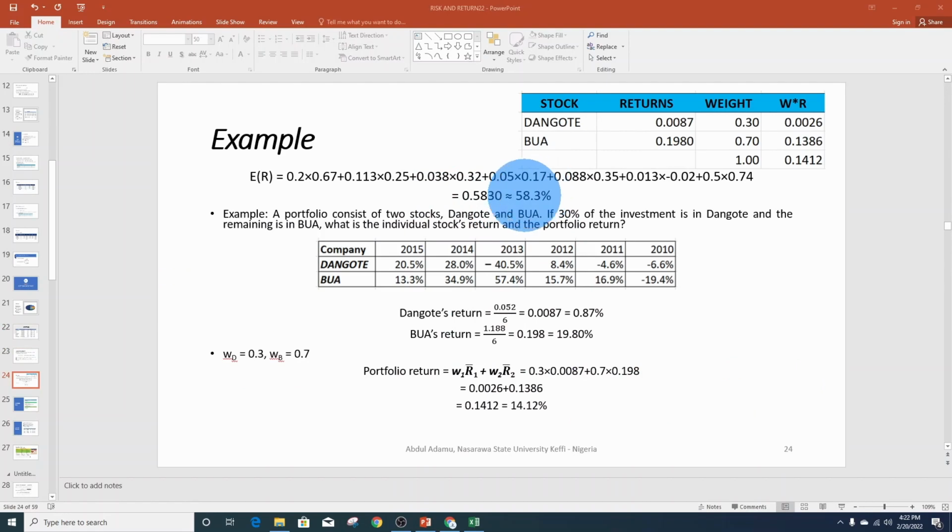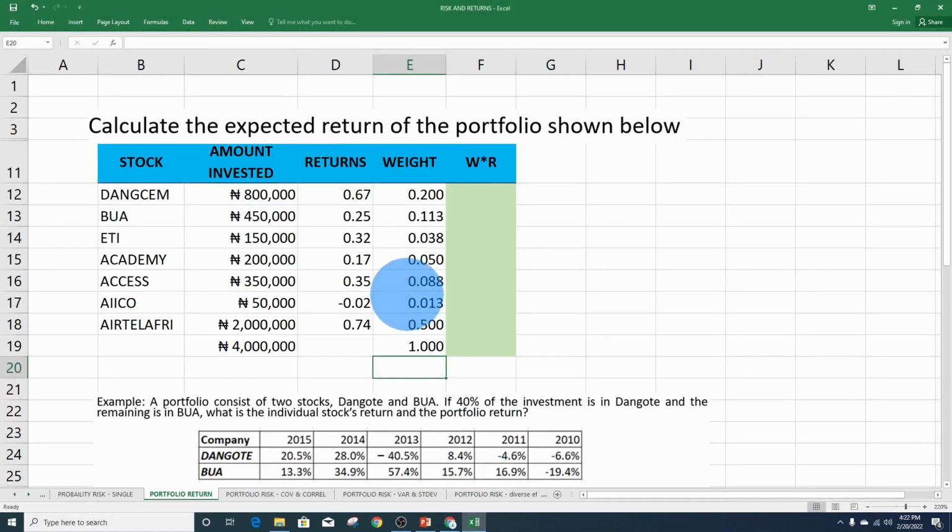58.3%. Before we go further, let's go to our Excel and demonstrate that. We multiply this by this, that is equal to this times this.